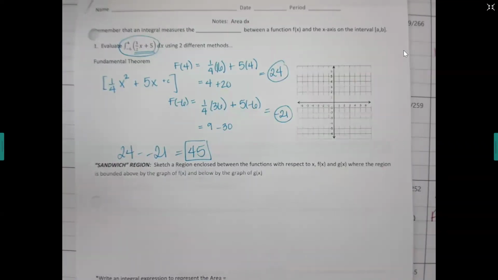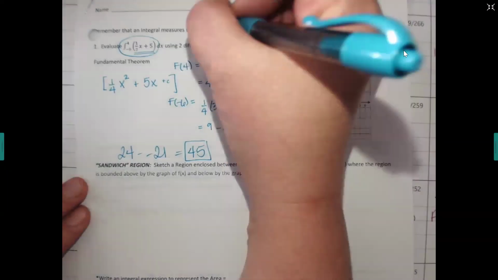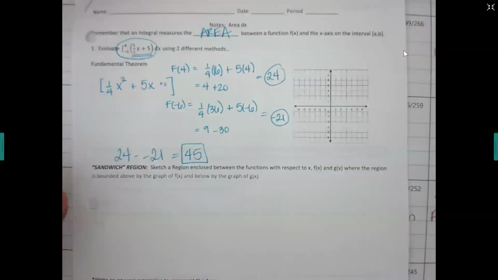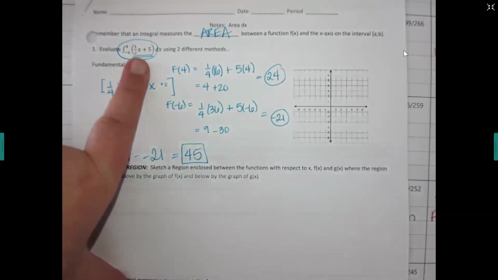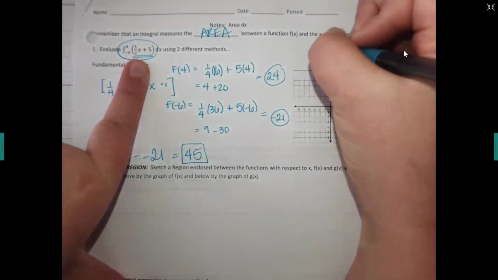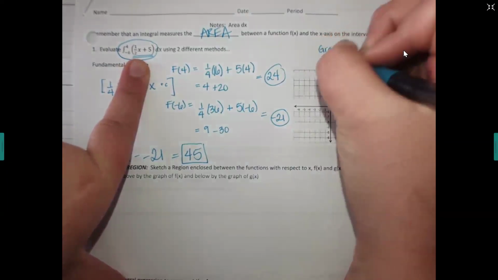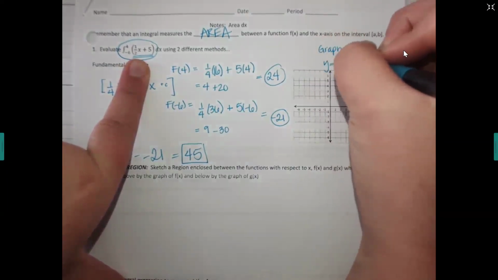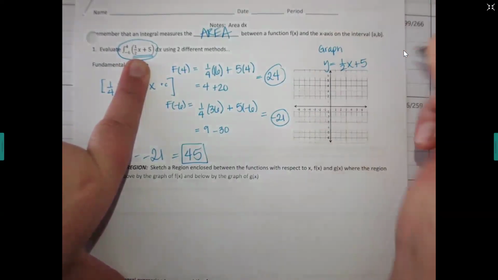Okay, the other way is by remembering that an integral measures how much area is trapped between the curve and the x-axis on the interval that you're talking about. So if it's 1/2 x plus 5, I would graph it. What does 1/2 x plus 5 look like as far as the shape?